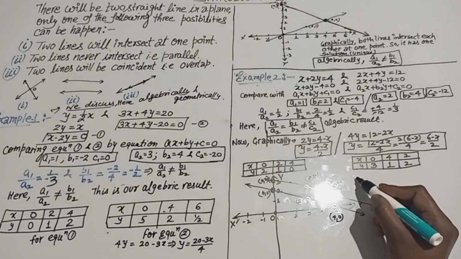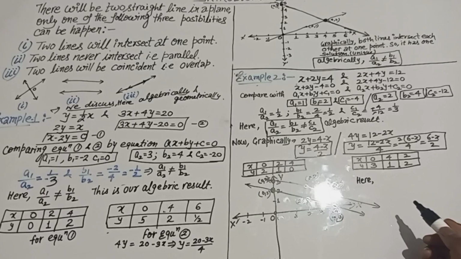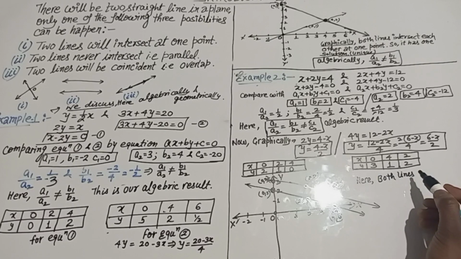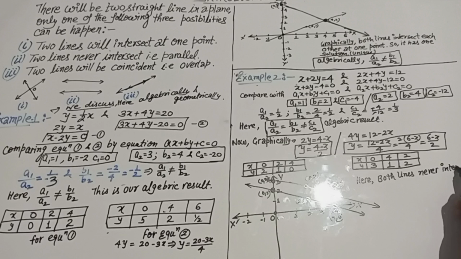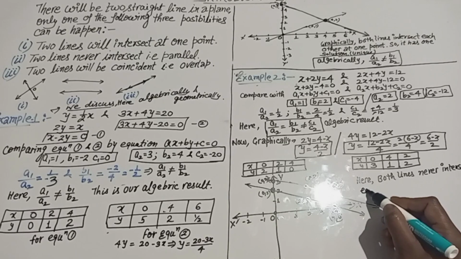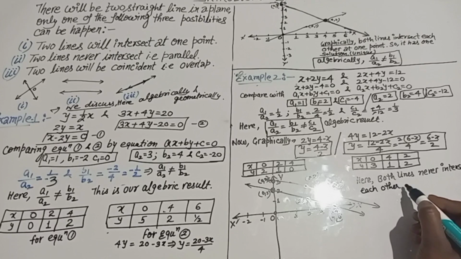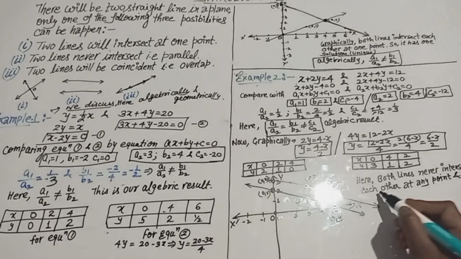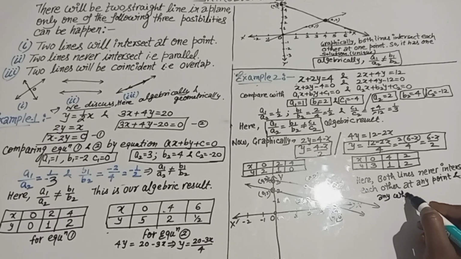What we have observed here, both lines never intersect each other at any point, anywhere. That is, they are parallel.